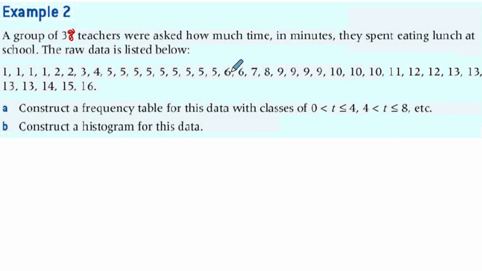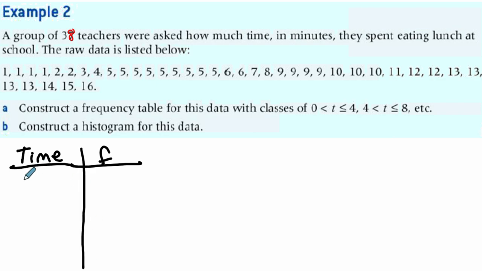All of our data here happens to be integer values, but it doesn't have to be. So again, discrete data can be in a histogram. We are just grouping our data together. In our frequency table, we've got time and we've got frequency.